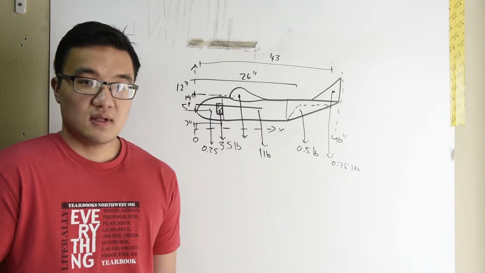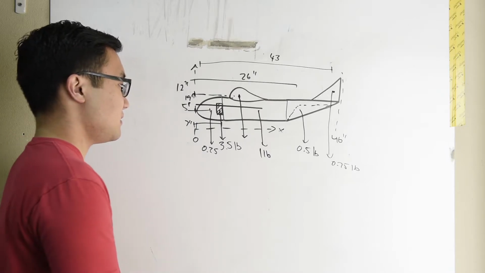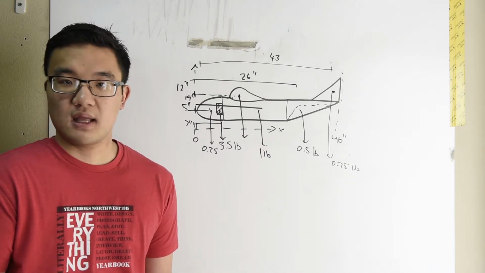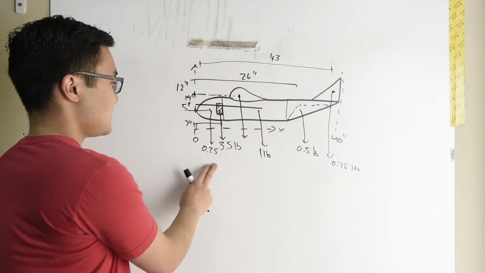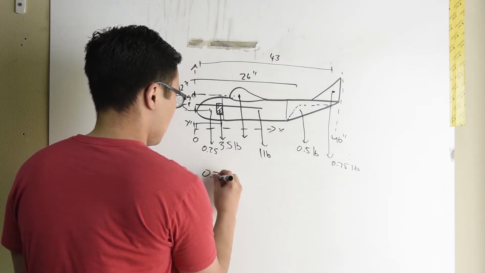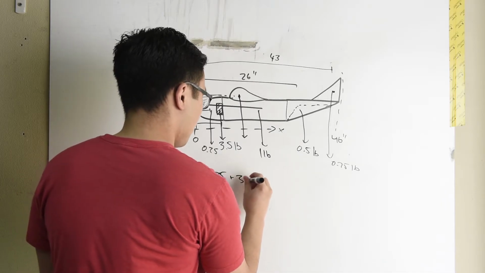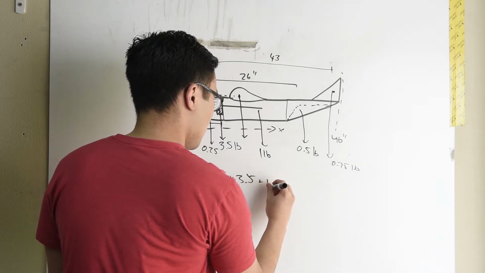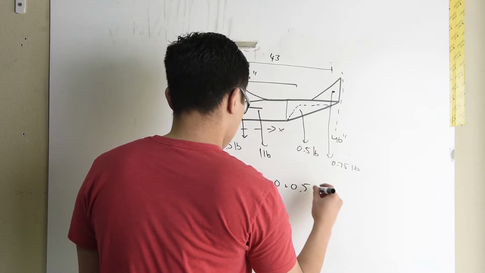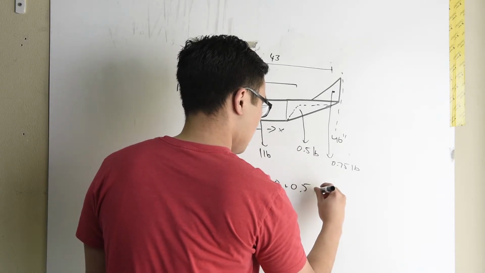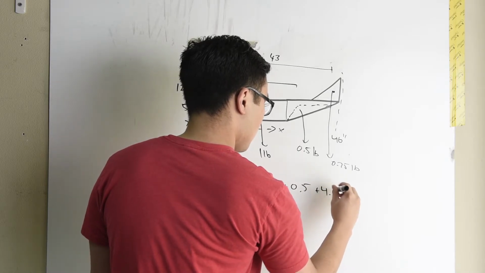So what I can do now is, of course, to get the total weight of the plane, I can simply sum all of these loads, which I'll do right now. 0.75, 3.5, 1.0, 0.5, that was 4, 4.0.